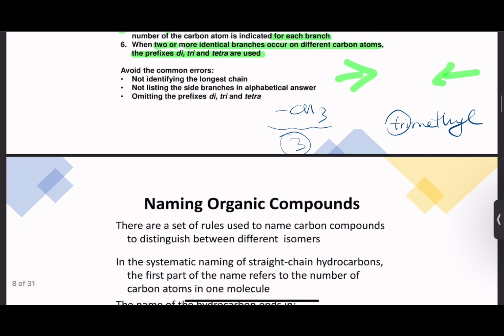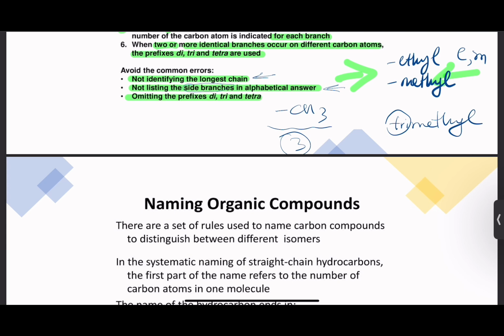And then avoid the common errors: not identifying the longest chain, not listing the side branches in alphabetical order, and omitting the prefixes di, tri, tetra. So if you don't find the longest chain, you're going to write the wrong name anyway. Not listing side branches: if you don't put them in alphabetical order, for example, you have ethyl and you have methyl, you know that E comes before M in the alphabet.